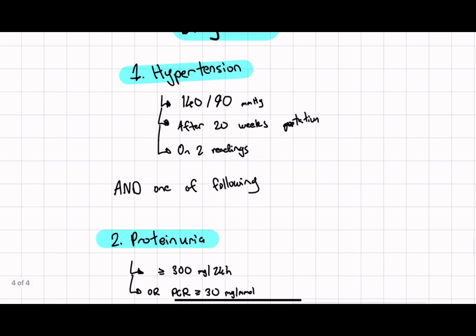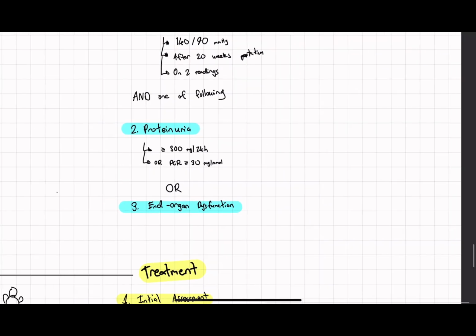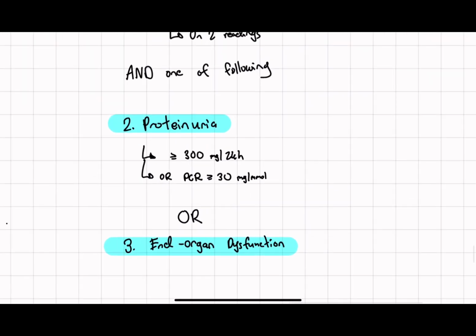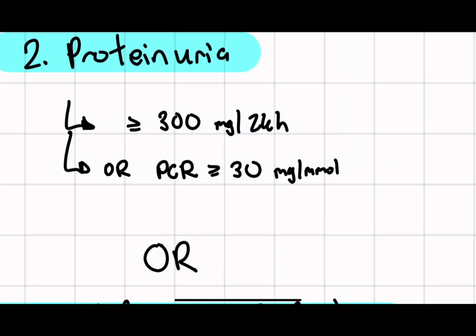Okay, and alongside the hypertension, they can have either one of the following. Number 2, proteinuria, so greater than 300 milligrams of protein over 24 hours, or a PCR that's greater than 30, which is protein to creatinine ratio. Again, because you can have proteinuria, PCR is going to increase, right?